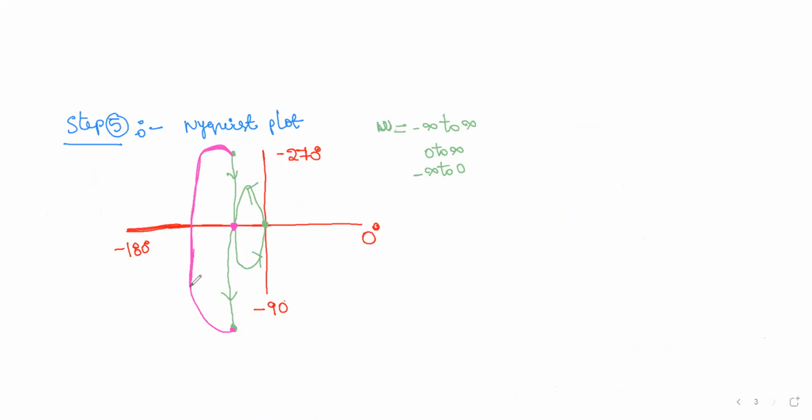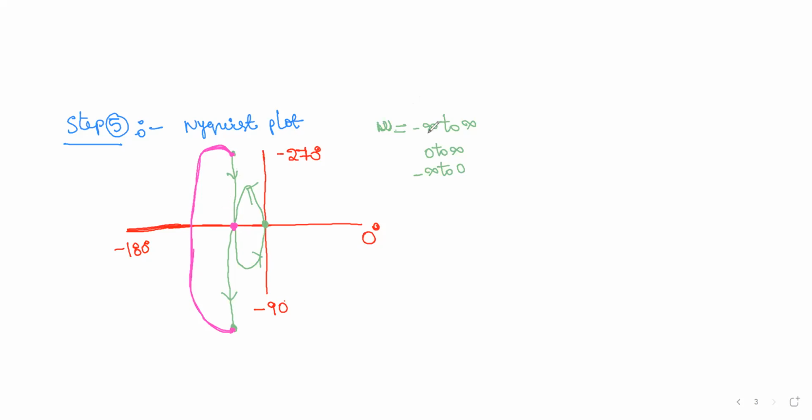We need to plot one line from the ending point to the starting point of the plot. So this is the Nyquist plot for the given G of S. It is not over. We have to calculate the intersection point.